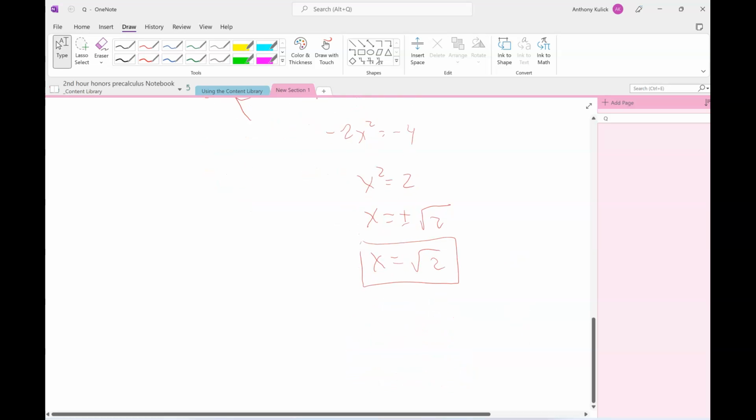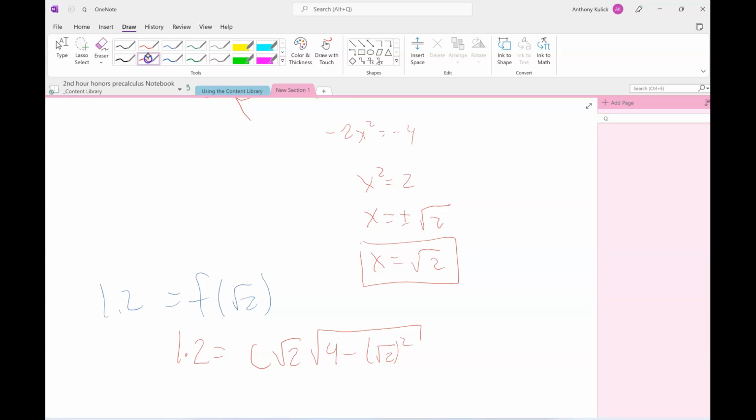What am I going to do with that now? I know that 1.2 is going to equal c times square root 2 times 4 minus square root 2 squared. Right? So this is f of square root 2 equals 1.2.